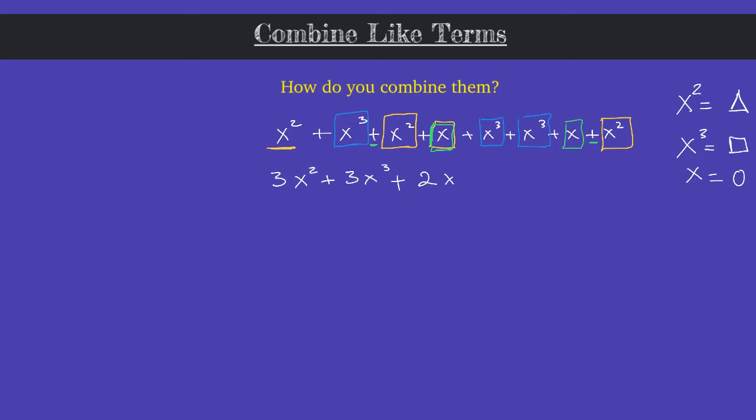Now, let's go ahead and look at when there is perhaps subtraction involved. Okay, so this is our first problem, and this is going to be our second one. And so let's go ahead and look at this for a moment.